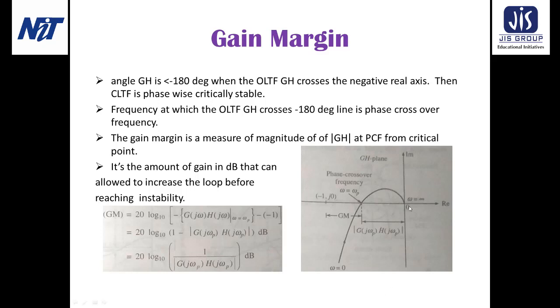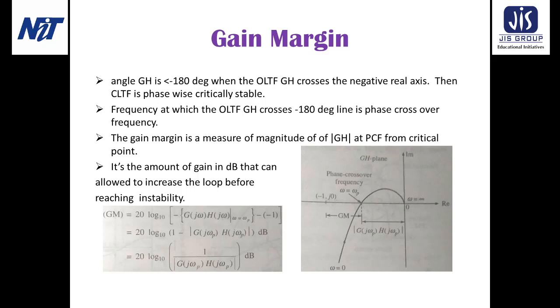crossover frequency. This one is the locus of the GH, or G(jω)H(jω). Now it crosses this 180-degree line at this point. So here the frequency is known as the phase crossover frequency and it is denoted by omega p.